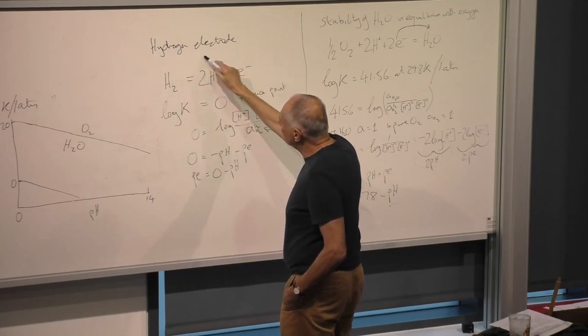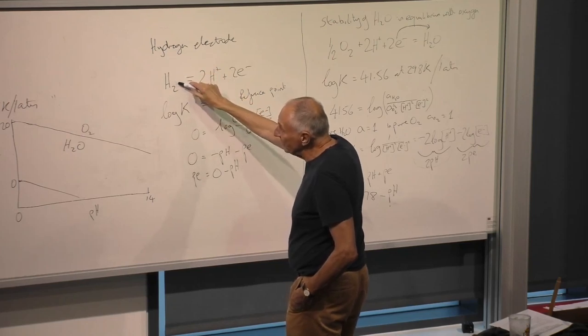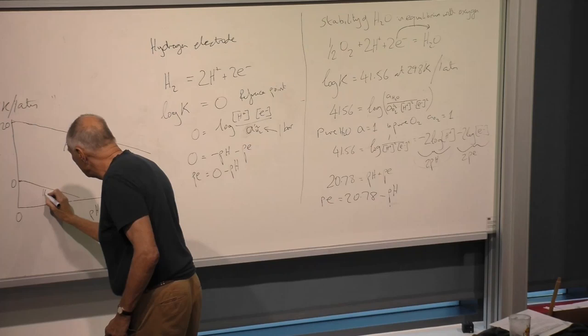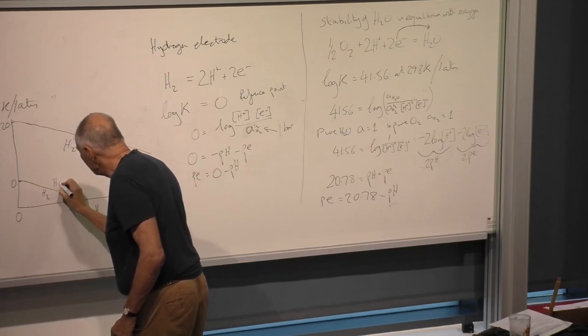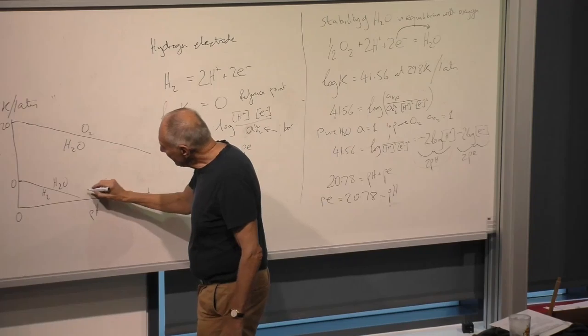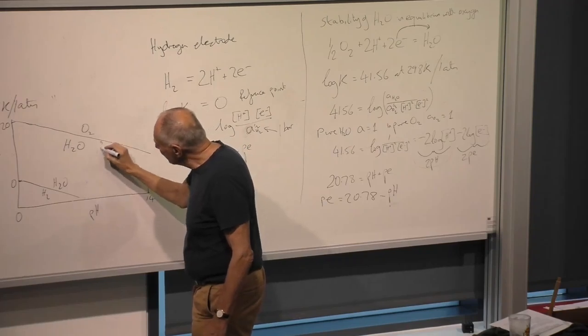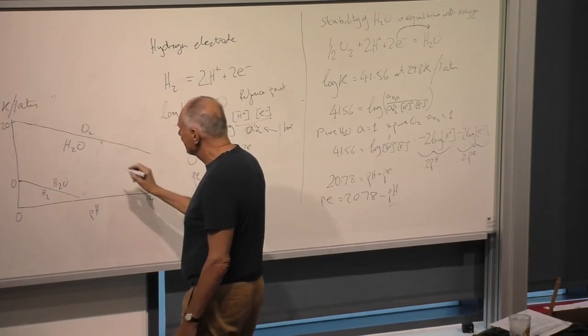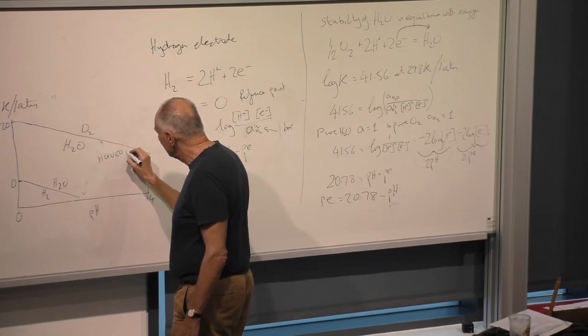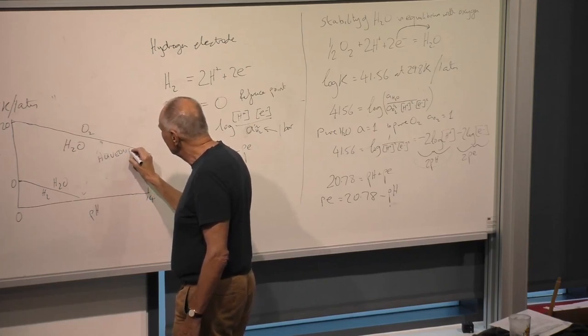Now, high electron concentration is low PE. So hydrogen is down here. And H2O is there. And this is the entire field of aqueous geochemistry. Aqueous.